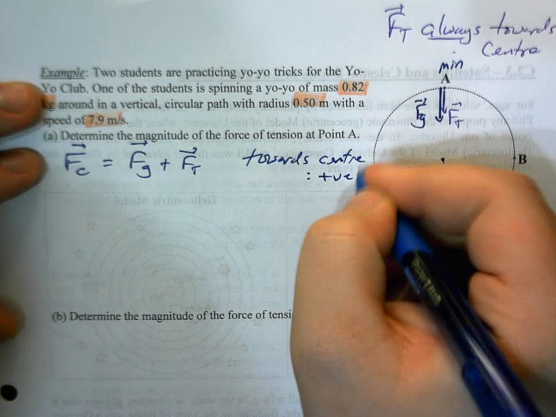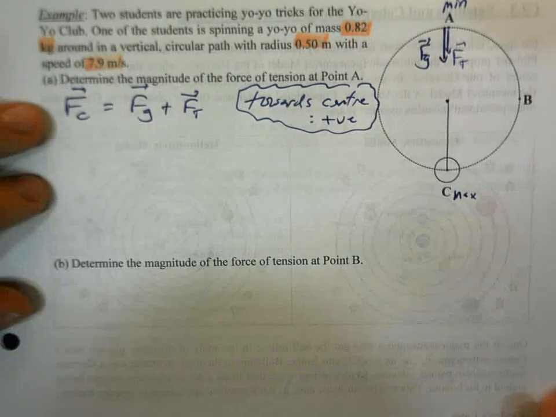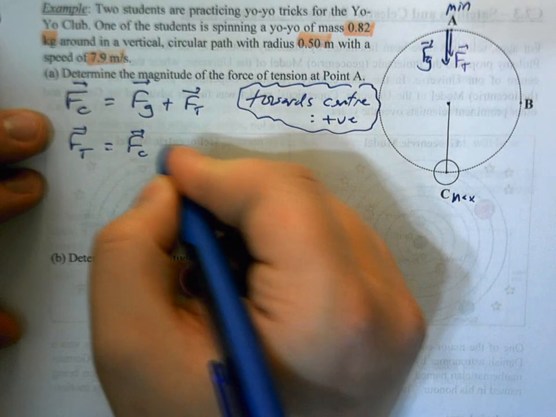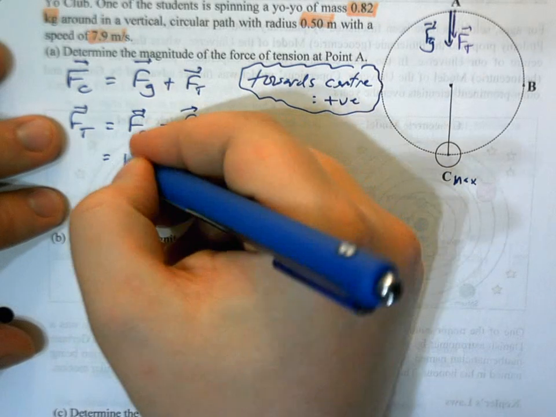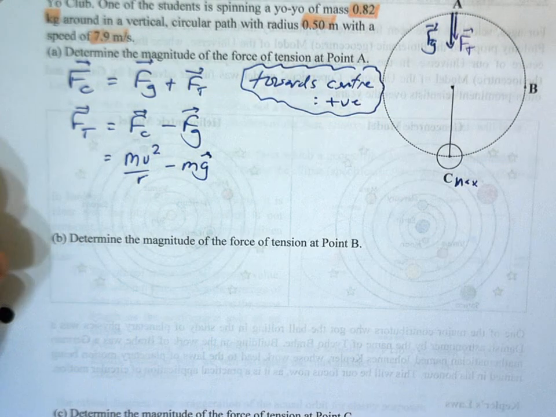Towards center is what we're going to call positive, which means away from the center by default will be negative. So the force of tension is going to be that centripetal force minus that force due to gravity, or again, mv squared over r minus mg.